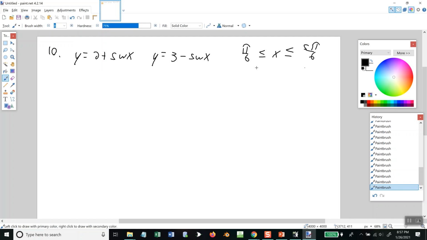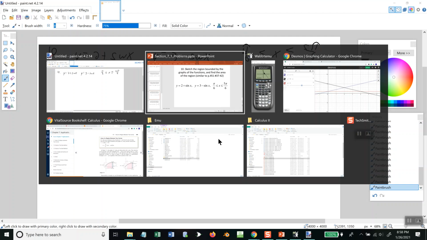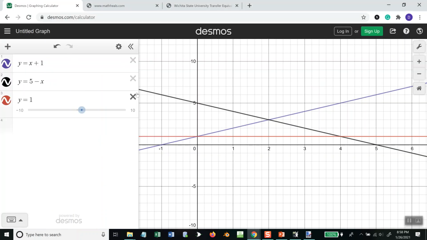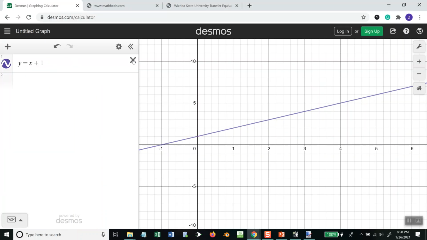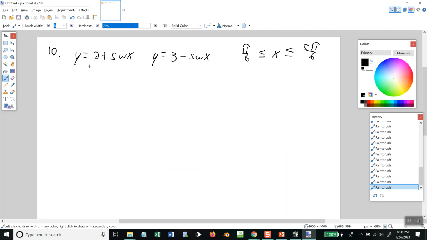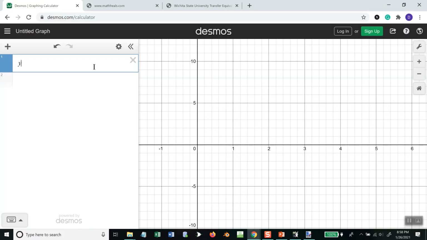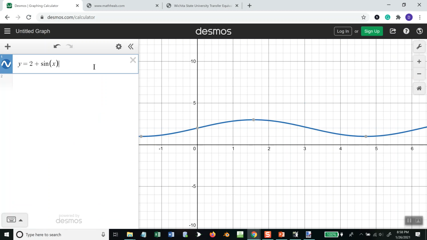Obviously, these are our limits of integration, but we're going to graph this, see which one's above and which one's below. So y equals 2 plus sine x. And y is equal to 3 minus sine x.